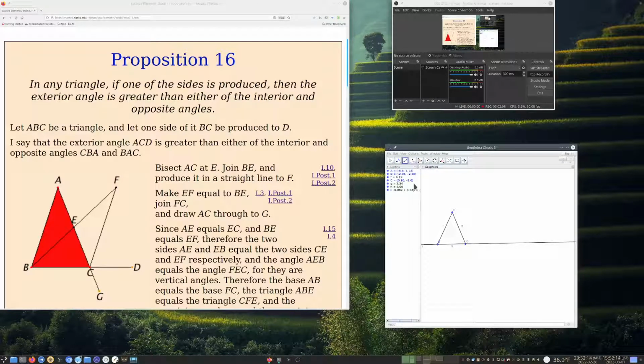So how do we do the bisection again? Think. Right, so we need two circles. That's right. There we go.